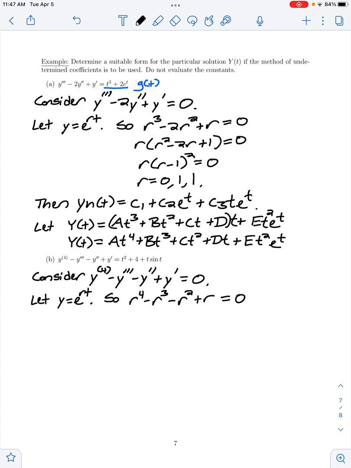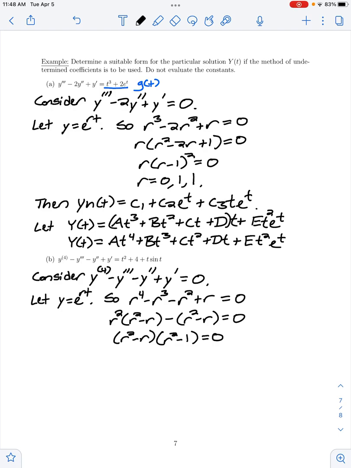And to solve this, I could factor by grouping some common terms together. From my first two terms, I could factor out an r squared, which would leave me with r squared minus r. And then from the last two terms, if I factor out a negative, I'm left with r squared minus r. So factoring out a common r squared minus r, I'm left with r squared minus 1.